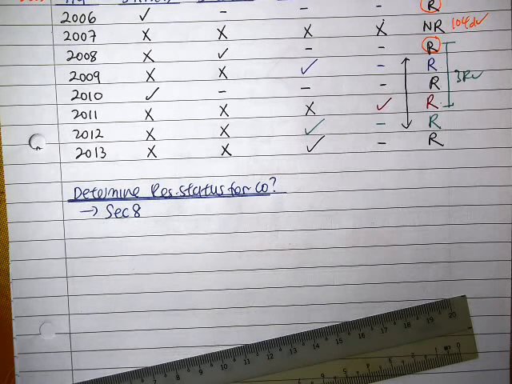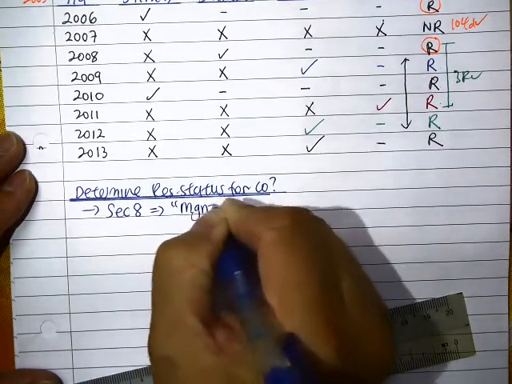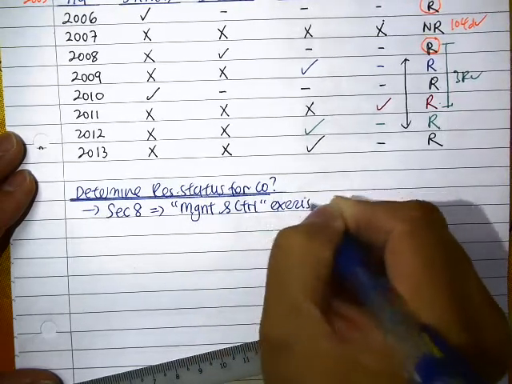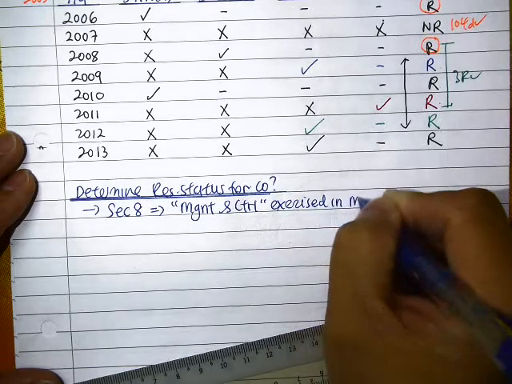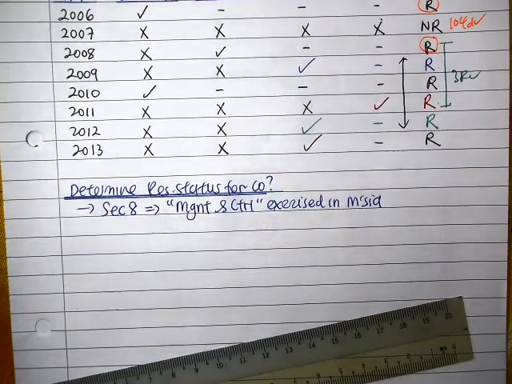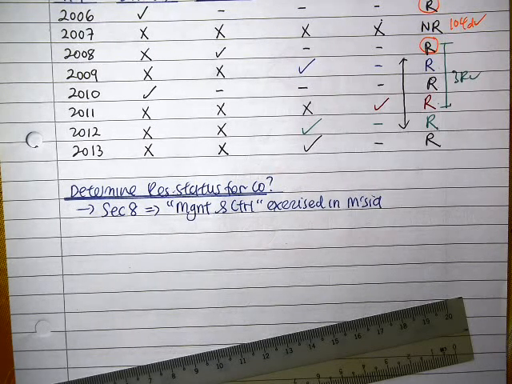What's the keyword? Look at management and control being exercised in Malaysia. So you need to see that the management and control of the company is being exercised in Malaysia.